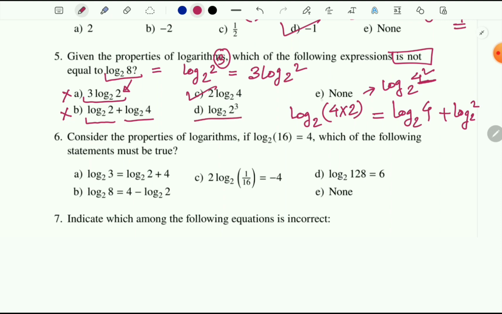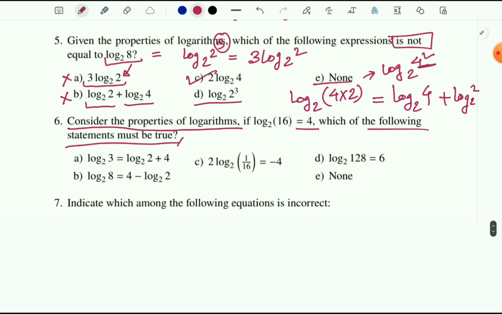This is another similar problem. Consider the properties of logarithms. If log 2 of 16 equals 4, which of the following statements must be true? So we can do this once again. Which of the following statements must be true?